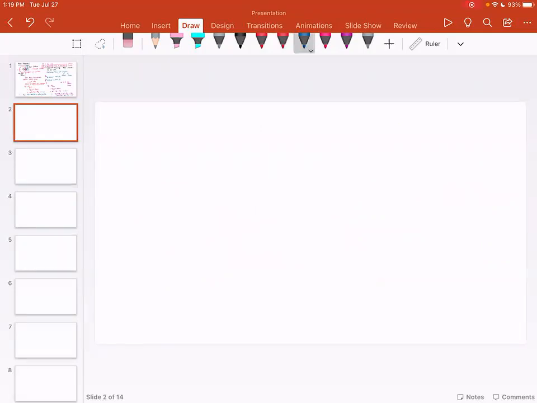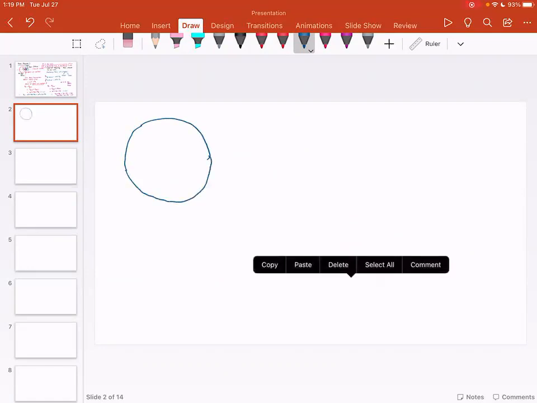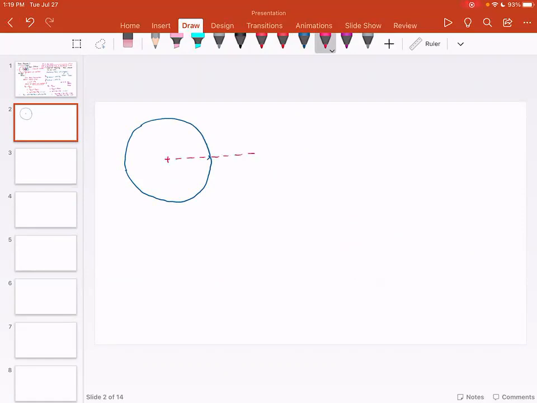We have these two wheels, and I'm going to cut some teeth on these wheels.